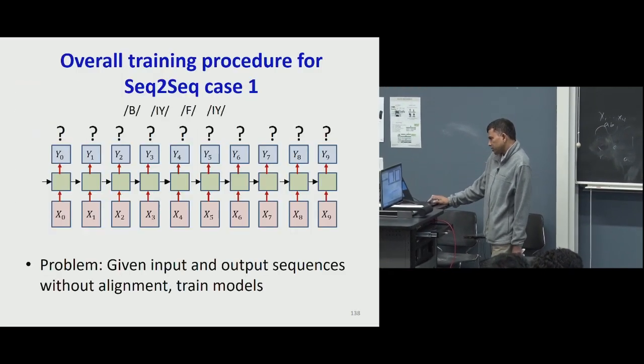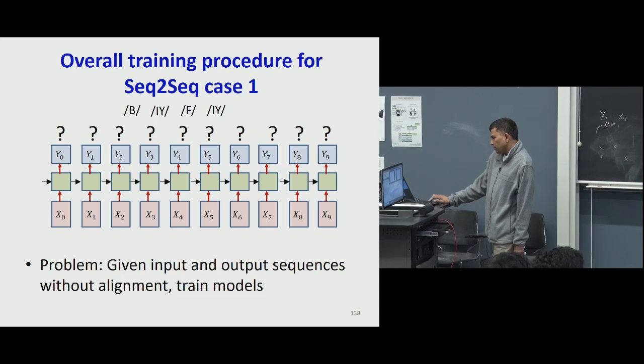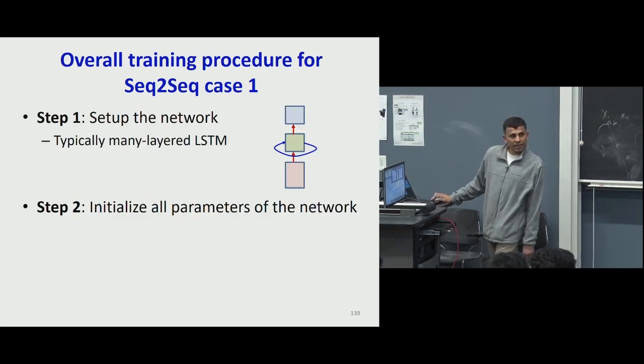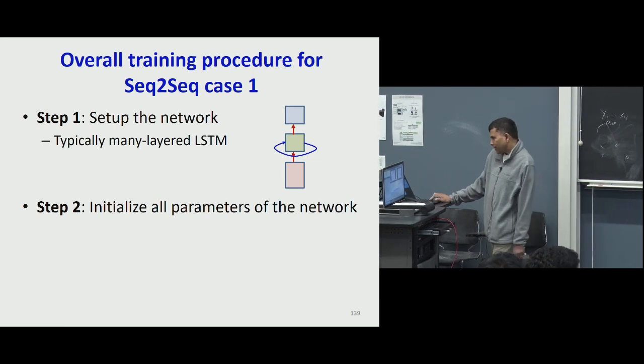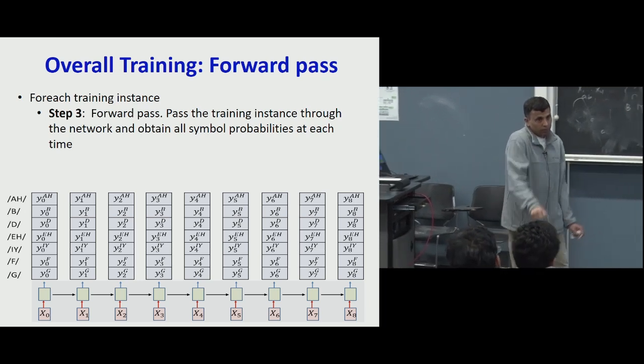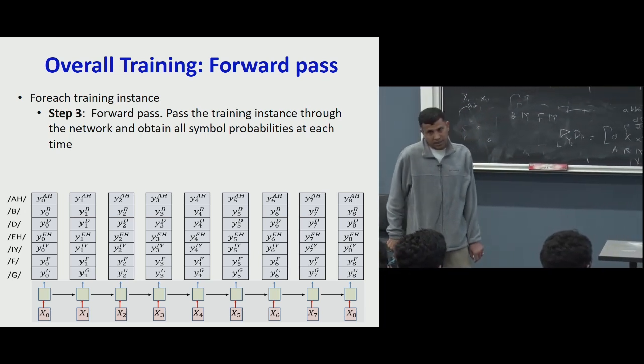Here's the overall training procedure. The problem: you're given input and output sequences without alignments, and we want to train models. You're going to set up the network, typically a many-layered LSTM, and initialize all of the parameters of the network. Then for each input, you compute the forward pass, which gives you this table of probabilities.